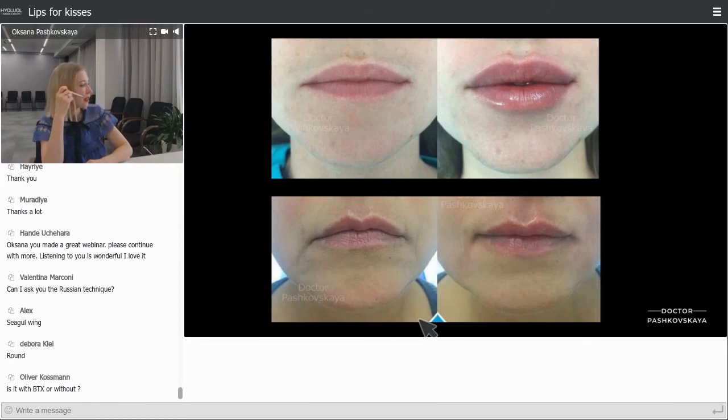And when you go back, you put the filler in this position. So in that case, I used such a technique, and it really works.